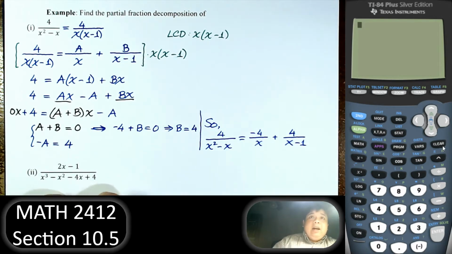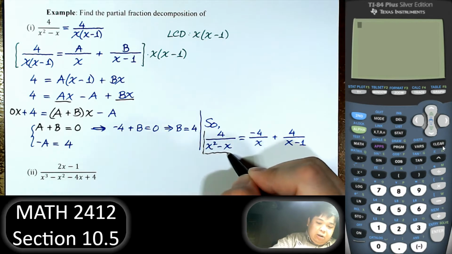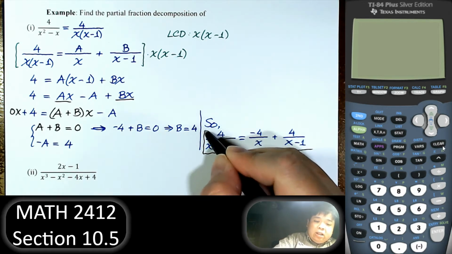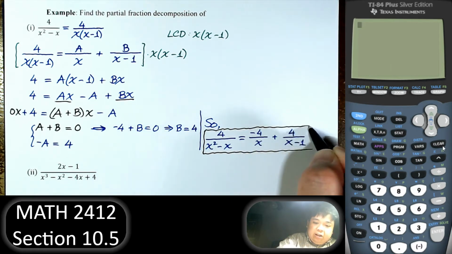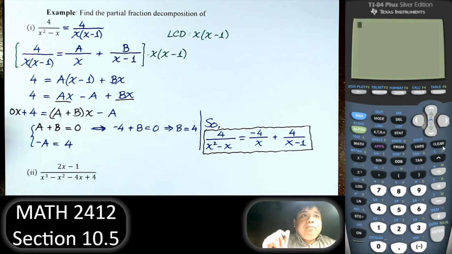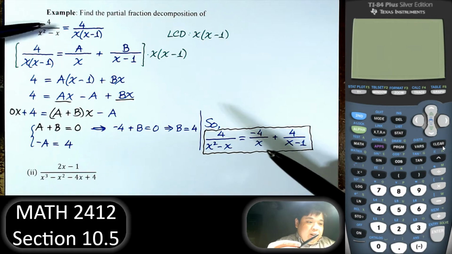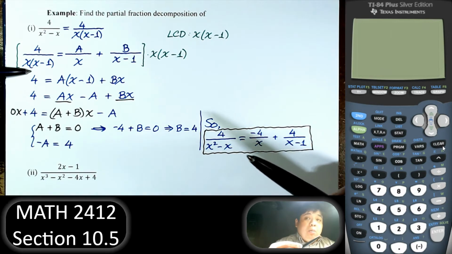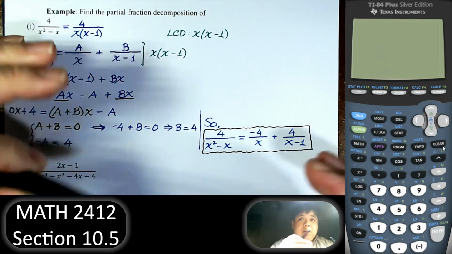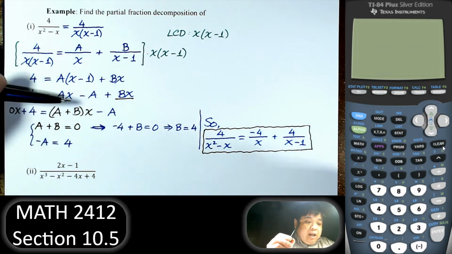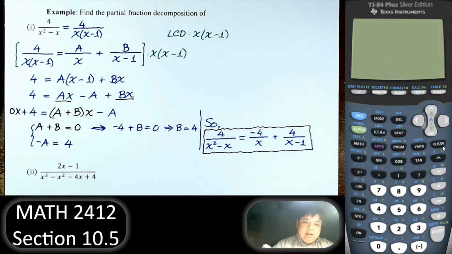And that is a partial fraction. So it is simple enough, right? All we did was just factor the denominator completely, split them out into little fractions, and then solve for the coefficients.